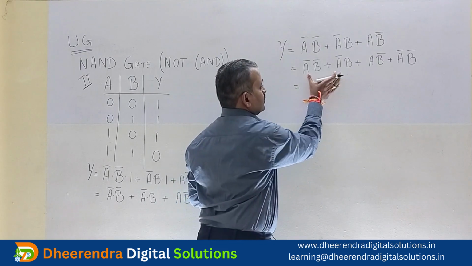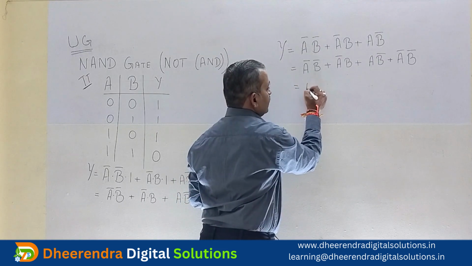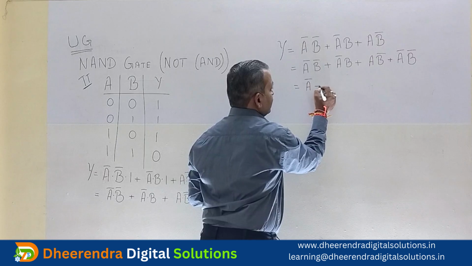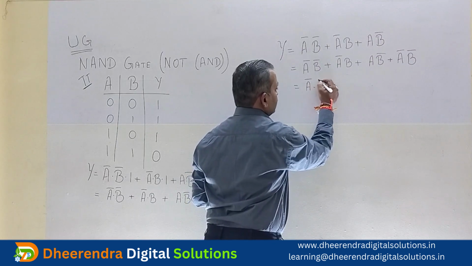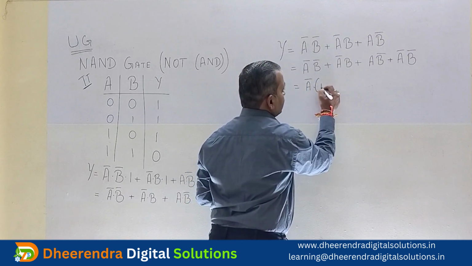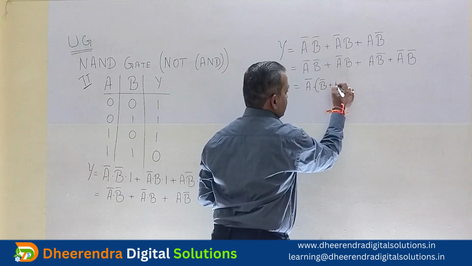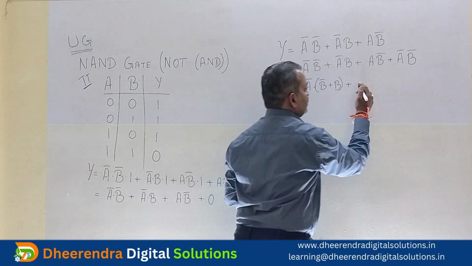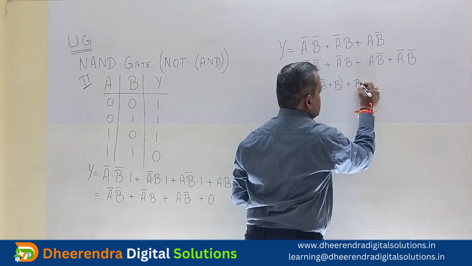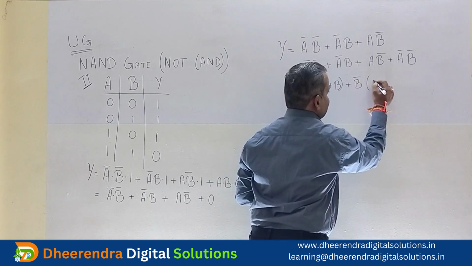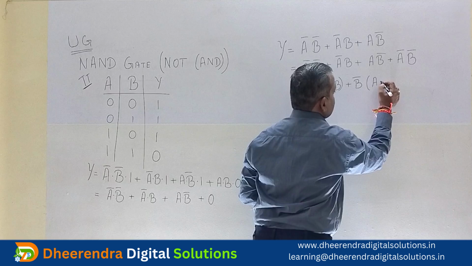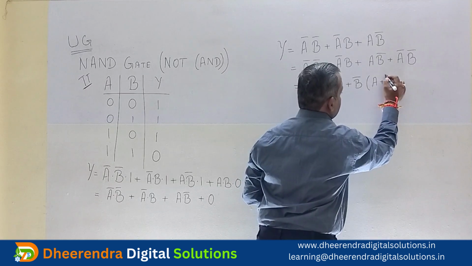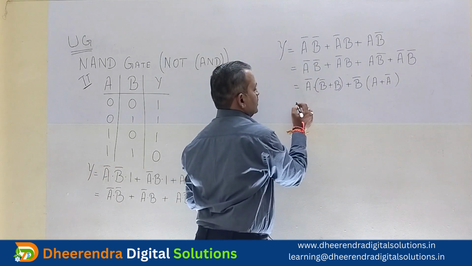Now, what do we find common between these two terms? We have A bar dot (B bar plus B), plus, what do we have common over here? It is B bar dot (A plus A bar). Now what will this be equal to?